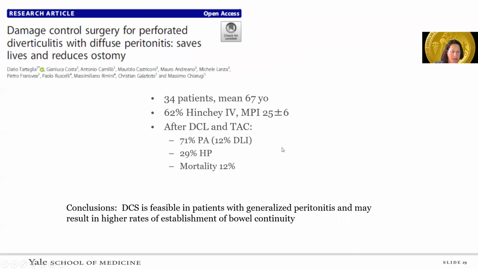So in retrospect, damage control surgery with primary resection and a washout, but not actually moving forward to complete the Hartmann procedure, and then coming back at a later time to determine whether or not the patient would benefit from a primary anastomosis with or without diverting loop ileostomy or a Hartmann procedure, is also a feasible option in the management of patients with Hinchey 3/4 diverticulitis and sepsis.